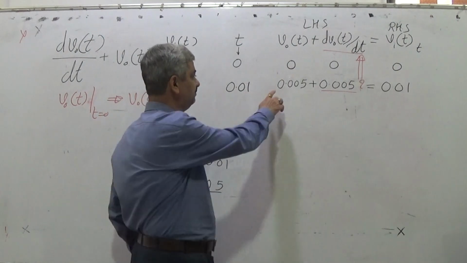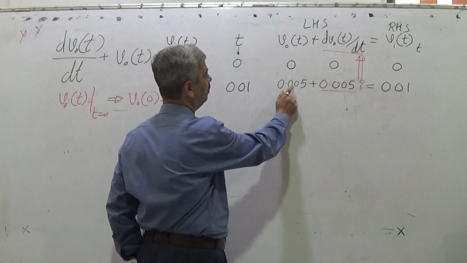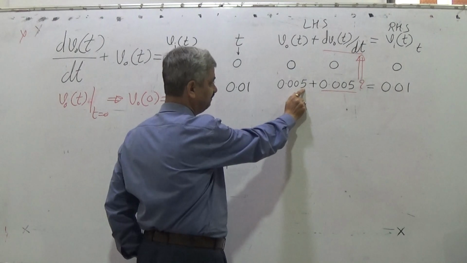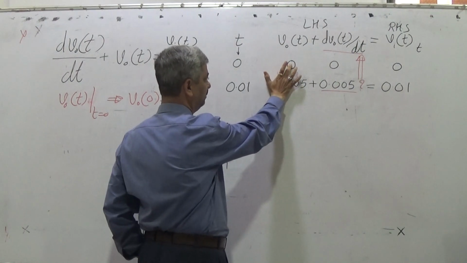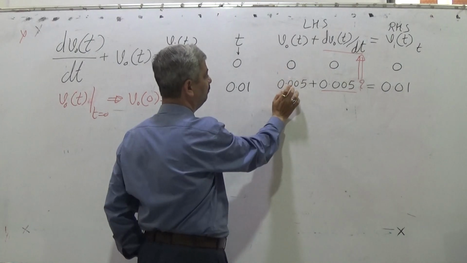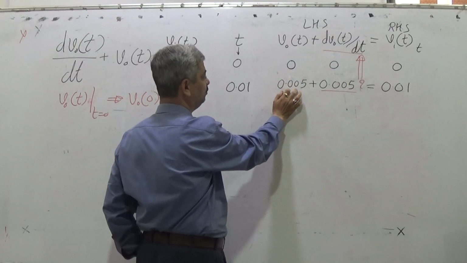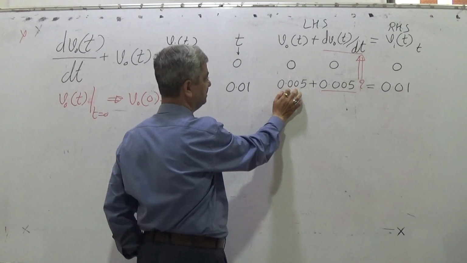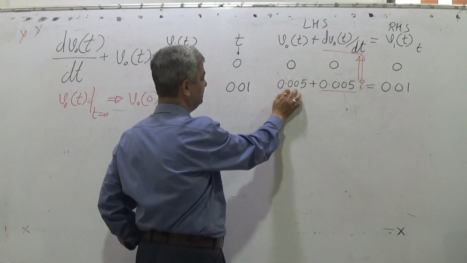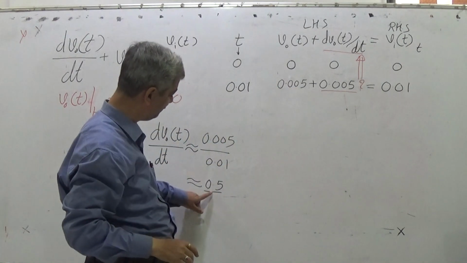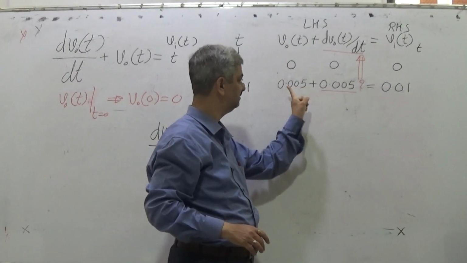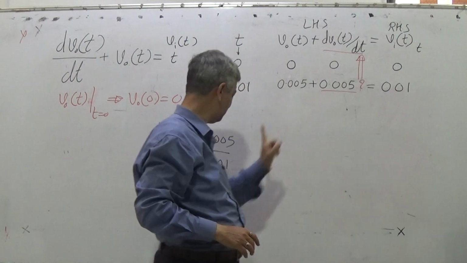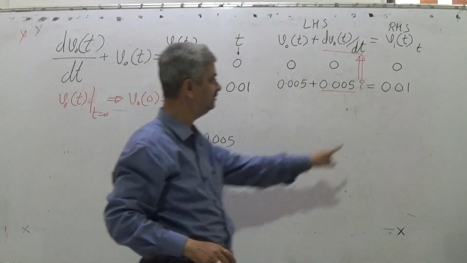VOT was 0 earlier, now you have assumed it to be 0.005, so it has increased, and at a very rapid rate. The rate of increase is 0.5. So this plus 0.5 is not 0.01.